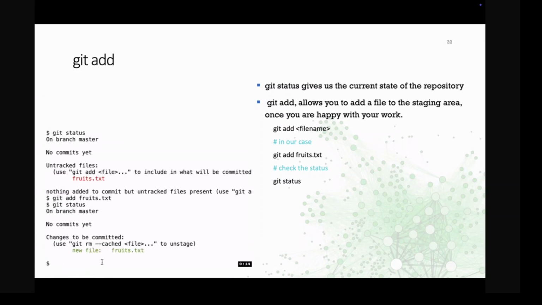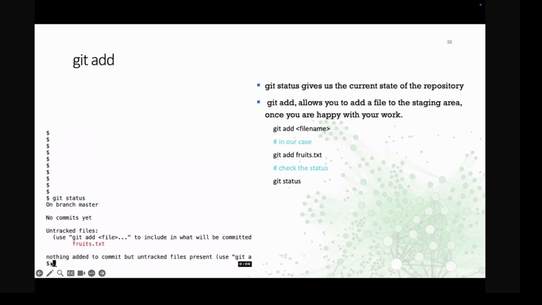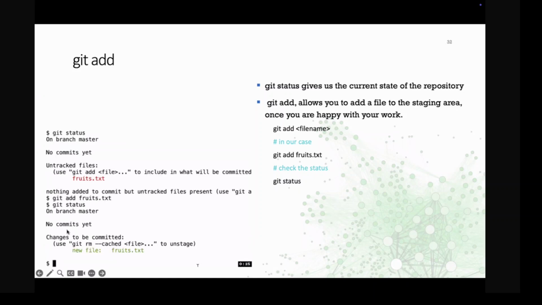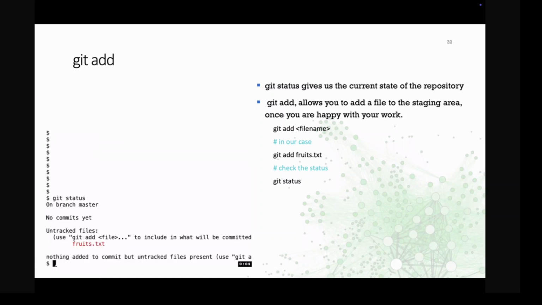So it's not added to the repository. So what I do then is call git add fruits. If I look at the status again, then there is a new file called fruits, and that's it. So it's in the staging area.